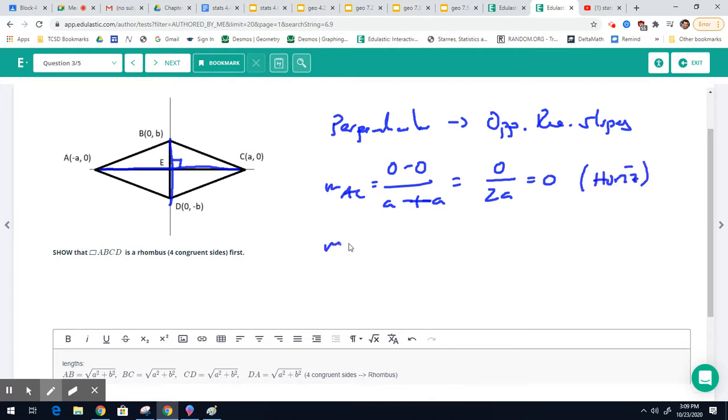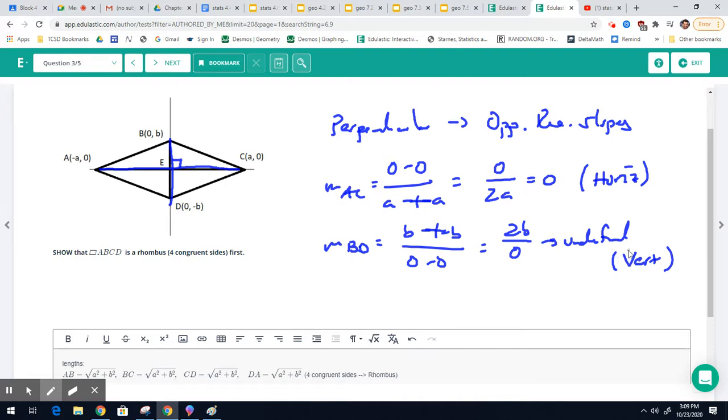Now let's do the slope of BD. Y's: let's do B minus negative B, and 0 minus 0. B minus negative B is B plus B, that's 2B. 0 minus 0 is 0. Uh-oh, the bottom is 0. That means this is an undefined slope, and that is the slope of a vertical line.